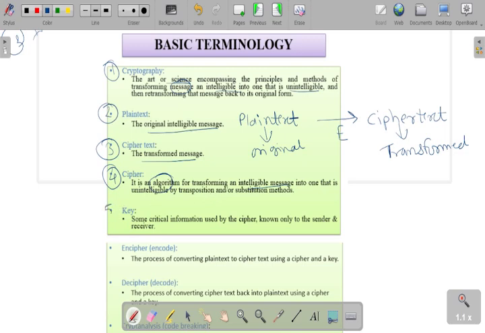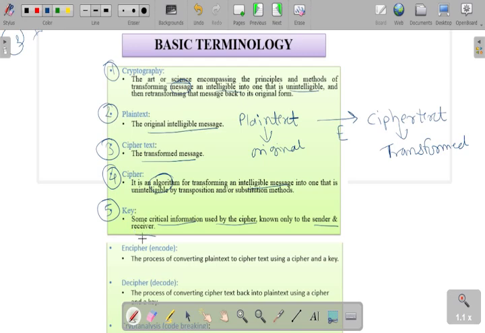And the fifth one is the key. The key is the critical information used by the cipher, that is the algorithm, to convert our data. That key is known only to the sender and the receiver.